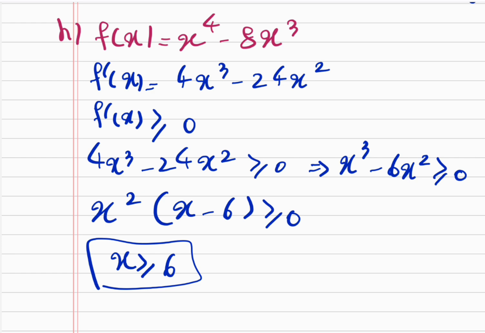So then the solution of the inequality could be x is greater or equal to 0, but that's wrong, because we want the values for which the function f dash x is greater or equal to 0. But let's say if you substitute 2 into this equation, or even the one above, then you're going to get a negative answer. So that's not a positive answer, which means that it can't be true. So the solution to this inequality is x is greater or equal to 6.